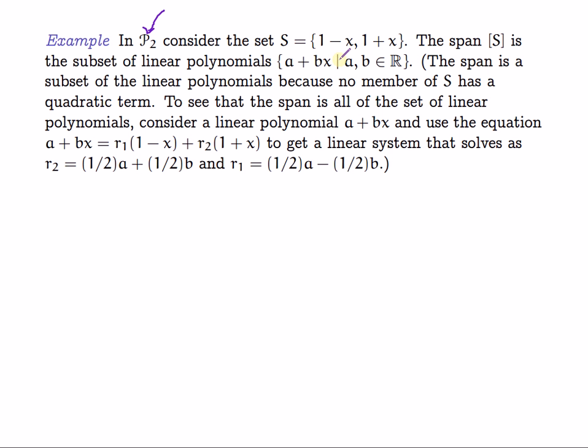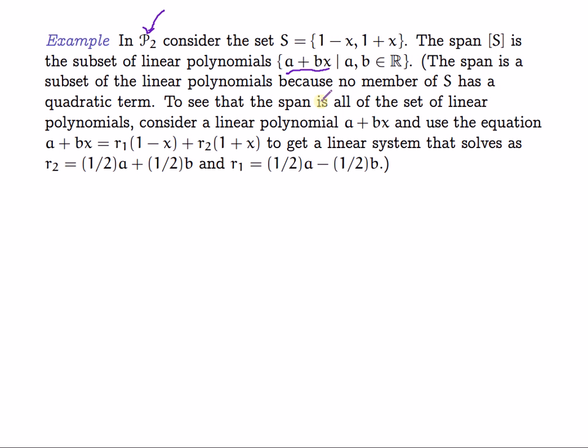You can check that you can get any linear polynomial as a linear combination of these two vectors. For example, if I take 1 minus x plus 1 plus x, I get the constant polynomial 2. If I take 1 minus x minus 1 plus x, I get the polynomial minus 2x. So I can get any polynomial a plus bx as a combination of these two polynomials.